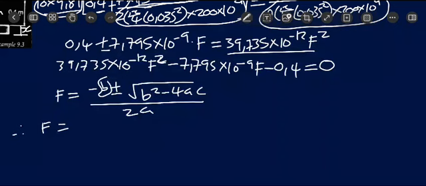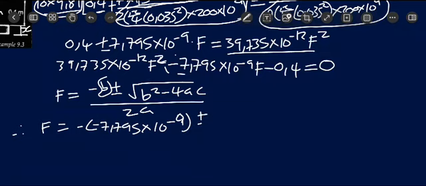Minus b will be negative 7.795 times 10 to the power of minus 9. That is our b there.